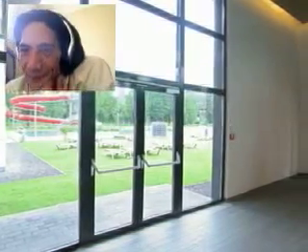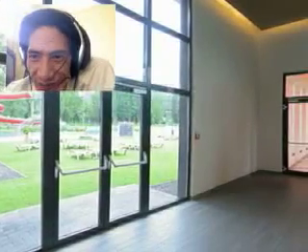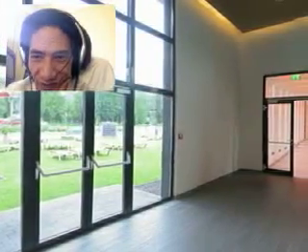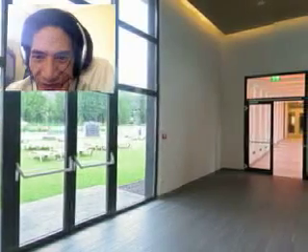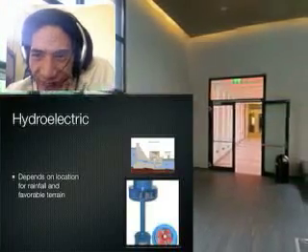The bottom line is that when you bring all these renewable power sources in, you're faced with a lot of variability and unpredictability in the amount of power generated.